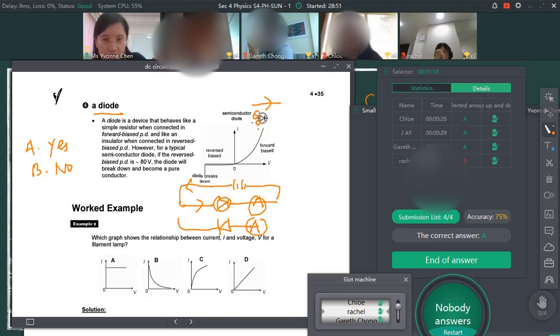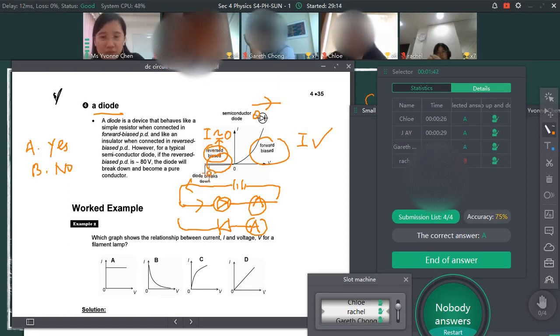It shows the current can only flow from the bigger side to the smaller one. So for the diode, there's something called forward bias. That means the current can flow as per normal. In the reverse region, the current is very, very small, approximately equal to 0. This region is called reverse biased. Then if you increase the voltage further, the diode is going to break down. That's how a diode works.